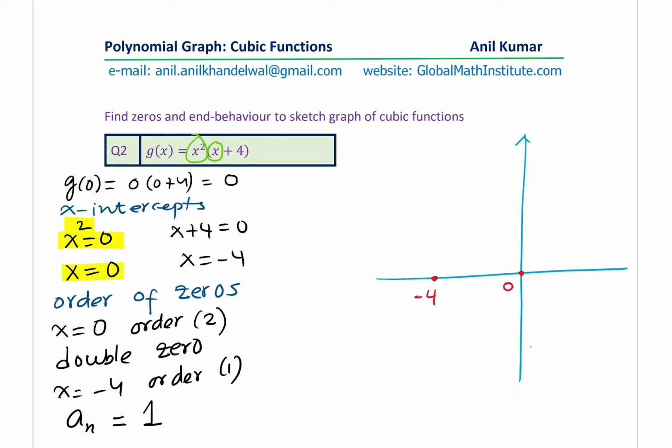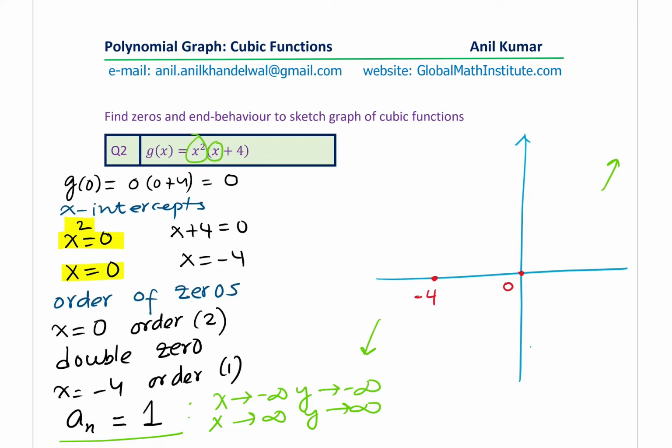The end behavior is, since a is positive, a is greater than 1, right side up, and the left side is down. That is the end behavior, right? So this means when x approaches negative infinity, y approaches negative infinity. When x approaches positive infinity, y approaches positive infinity, as shown by these arrows.